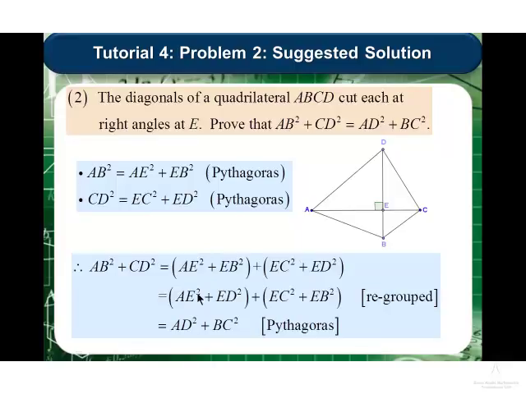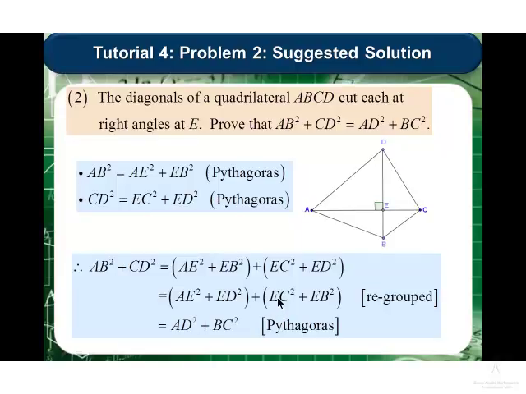So we take AE squared plus ED squared instead of EB squared. We swap EB squared and ED squared. And we notice that the sum of the first 2 terms, AE squared plus ED squared, let's just have a look at the diagram, gives us the square of the side length of the quadrilateral, that is AD squared, for this particular right triangle ADE in mind.